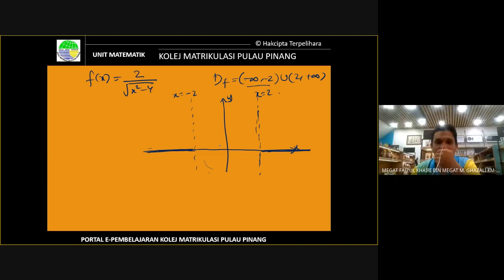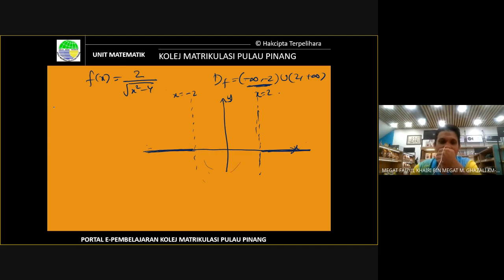No. Okay, why? Because the domain is just this part here, negative infinity until -2, and 2 to positive infinity, which means there is a vacuum in the middle here.